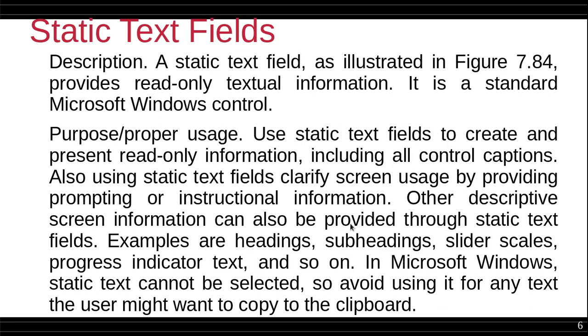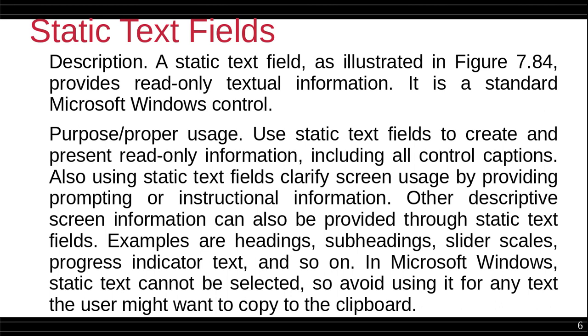Now let's discuss the description. A static text field, as illustrated in the figure, provides read-only textual information. It is a standard Microsoft Windows control. The proper usage is use static text fields to create and present read-only information, including all control options. Also, use static text fields to clarify screen usage by providing prompting or instructional information.